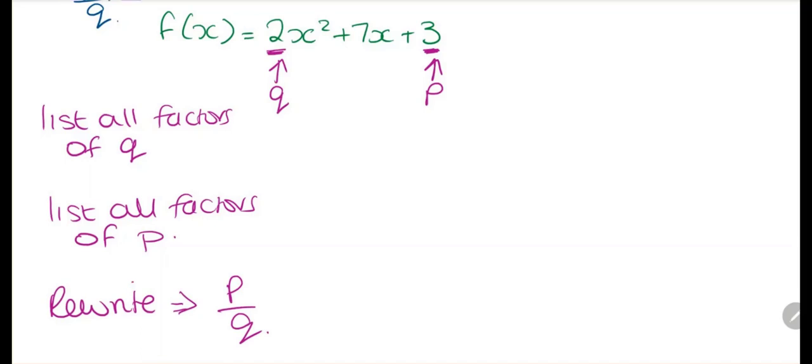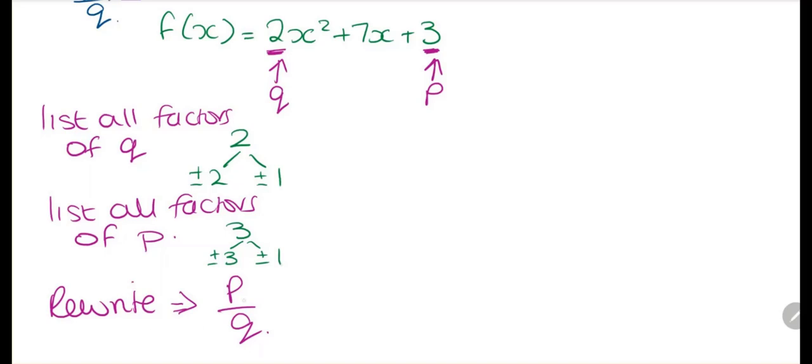So if we look at the leading coefficient for q, we have a 2, so we want all the factors of 2. So this is going to be plus or minus 2 and plus or minus 1. Now if we look at all the factors of p, we have a 3, so this is going to be plus or minus 3 and plus or minus 1.